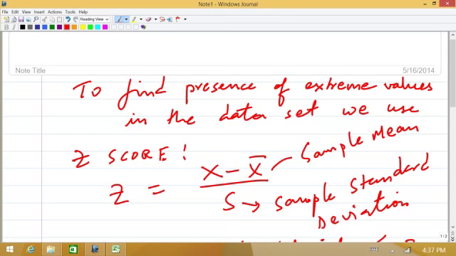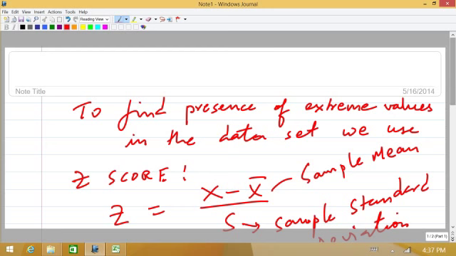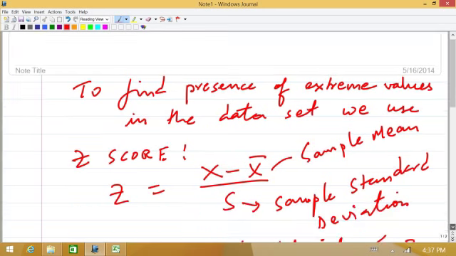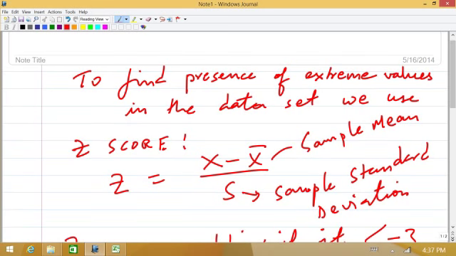In this segment, we will talk about z-score and also show how to use Excel to find that value. Whenever we have extreme values in the dataset, we use z-score. And z-score is represented by (x minus x bar) divided by s, where x is the observation.